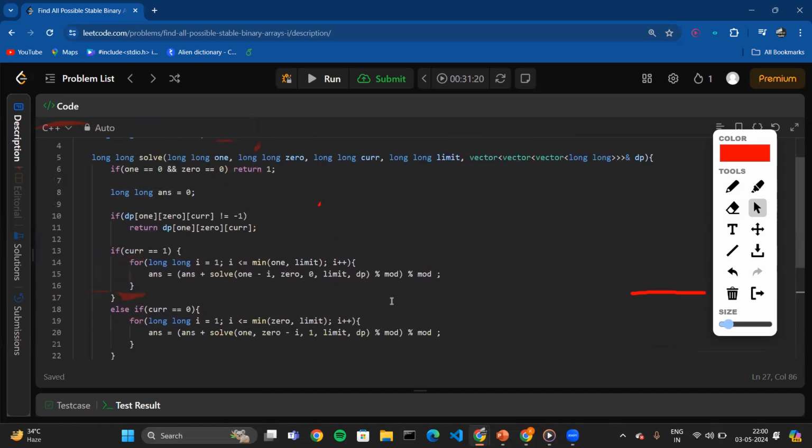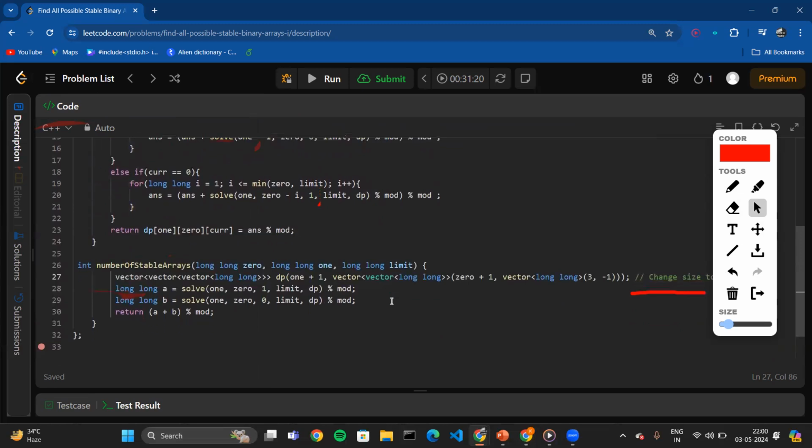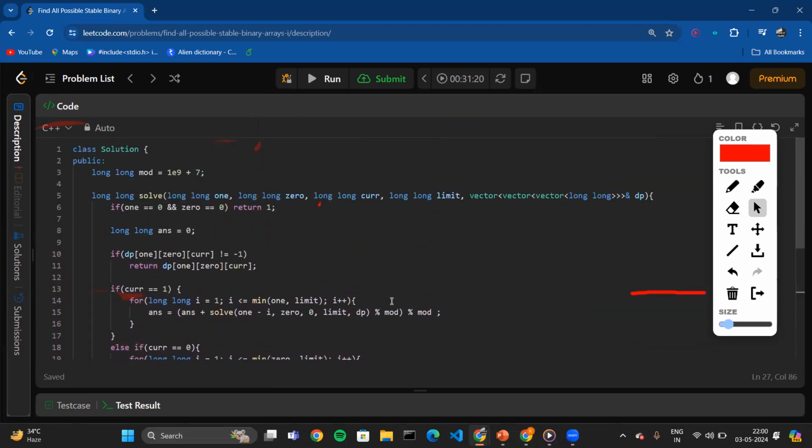What I know is that I will try all possible ways with ones and zeros, so I will start recursion. Initially, my one count will be what is given, and my zero count will be what is given in the question.